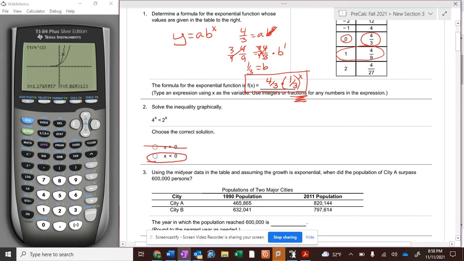So it's this one. When it's less than 0, back over here. If we're at -1, 4 to the x is 0.25, but 2 to the x at -1 is 0.5. So 2 to the x would actually be larger when we're less than 0.